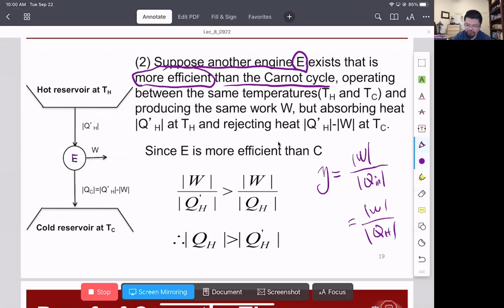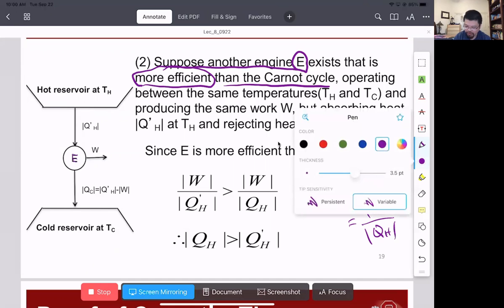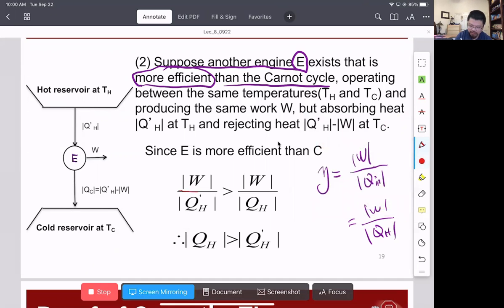So now following that assumption, it's the same amount of work, and this new engine will be a better one, so it's going to require less input in order to achieve this larger efficiency.